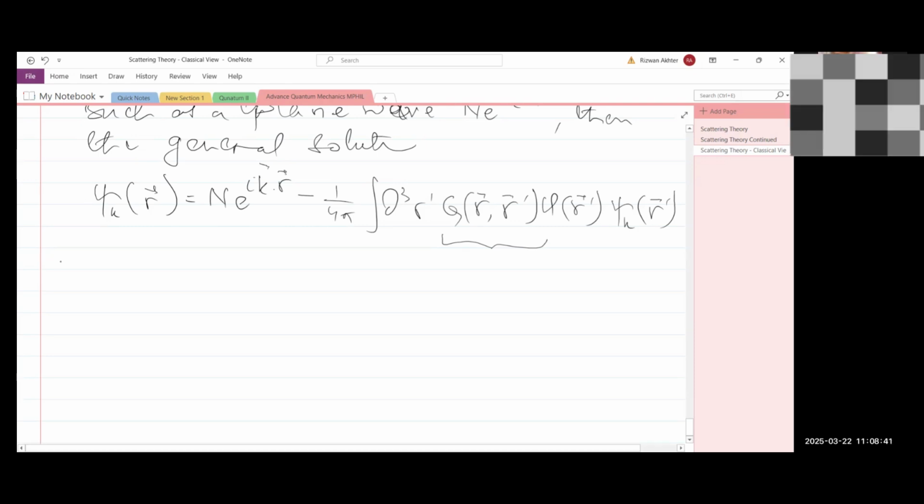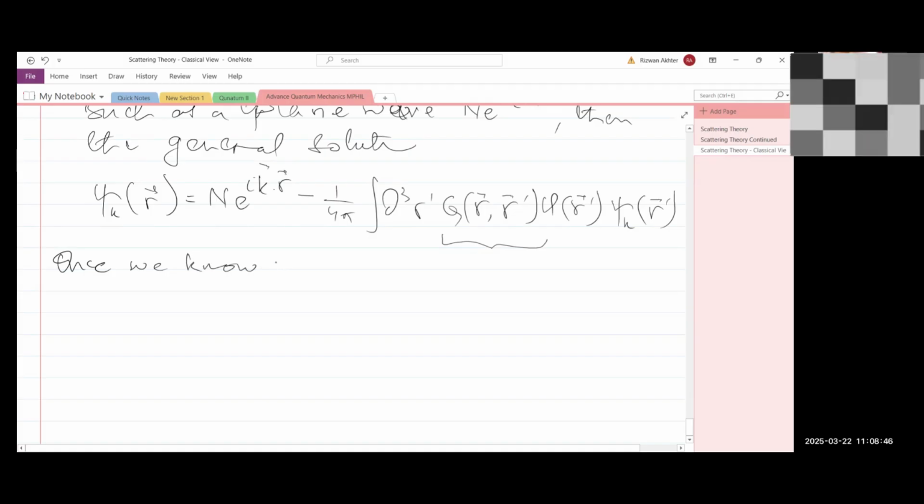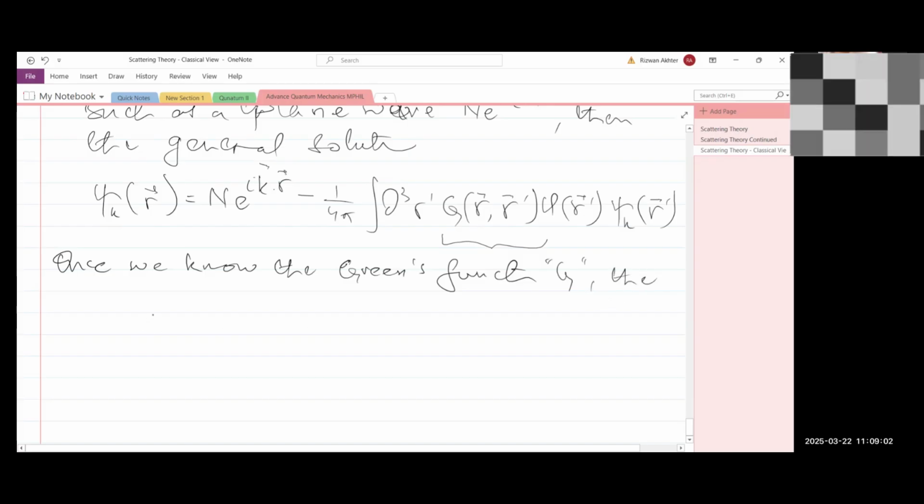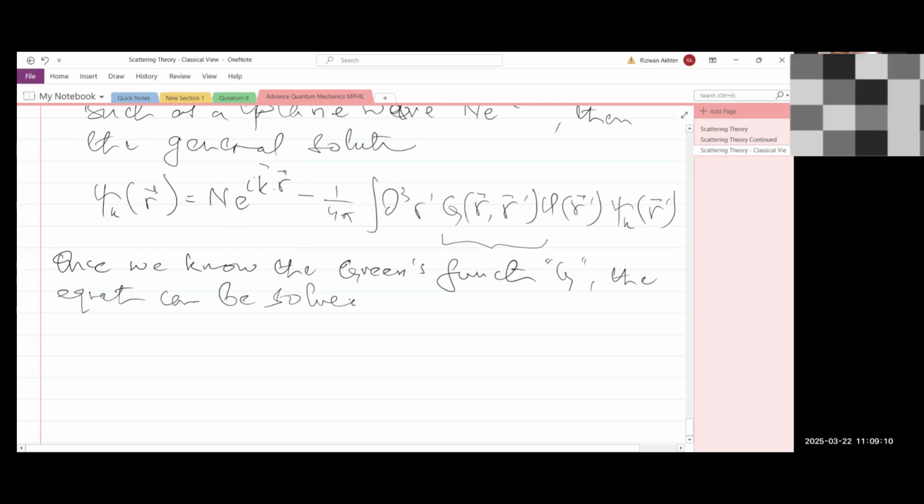So once we know the Green's function, g, the equation, or the integral equation, can be solved using an iterative procedure.